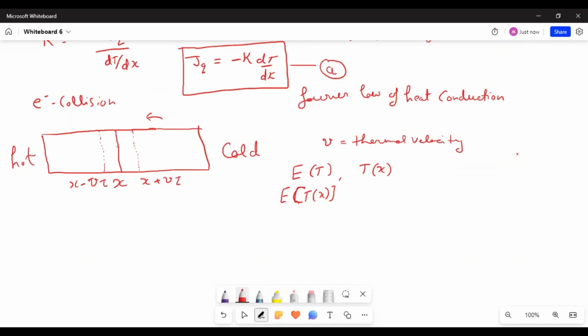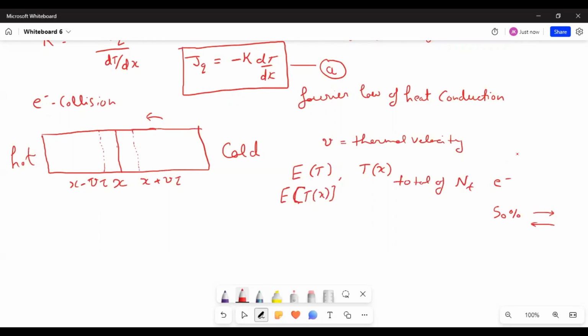Now let's develop the equation further. Let's consider that there are a total of N electrons in the system. In that case, there is a 50% probability of an electron going from left to right, and also a 50% probability that it will go from right to left.